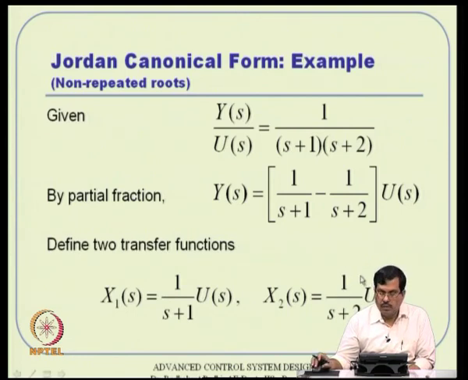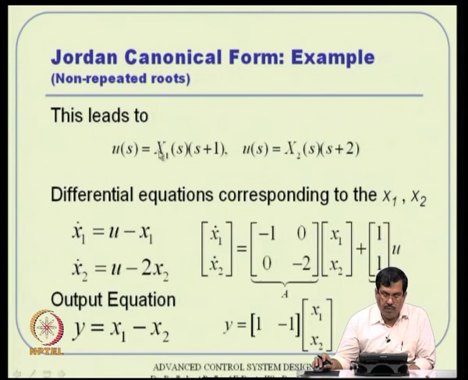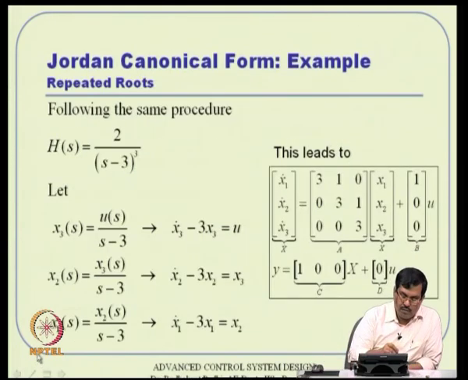And then I will formulate the differential equations here: x1 dot plus x1 is U(s). Remember that the expression you see here, x1 dot plus x1 is u, and similarly x2 dot plus 2x2 is u. Let me write it here also.